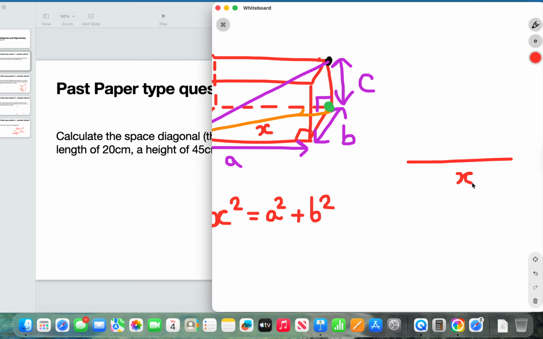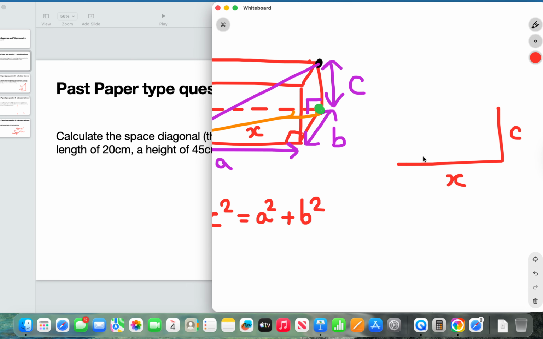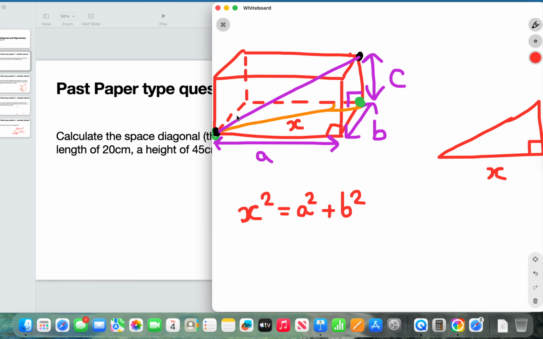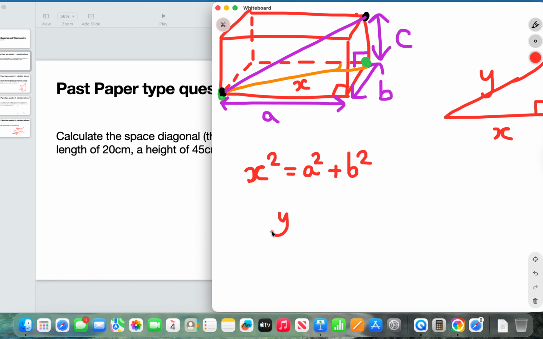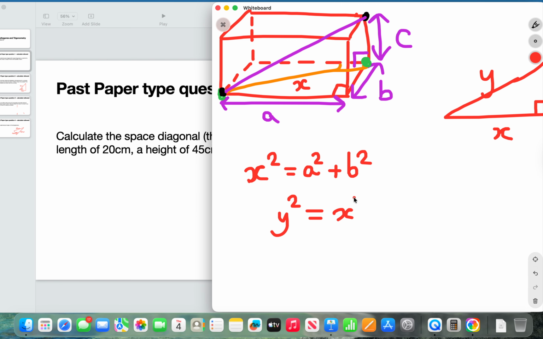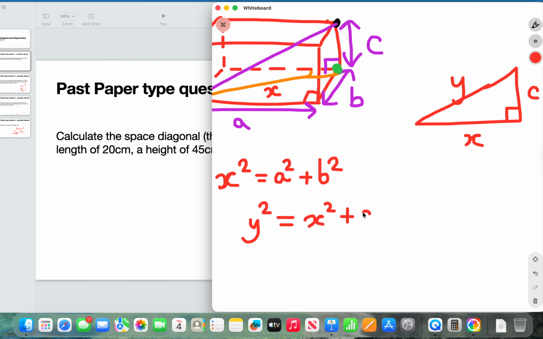So we have the x, we have the c, and we have the space diagonal, i.e. this one in purple. We're going to call this one y. So we have y, and again we use Pythagoras on this. Is y squared equals x squared plus c squared.